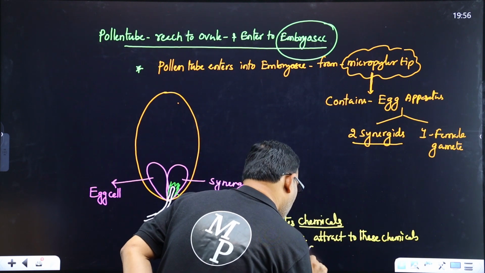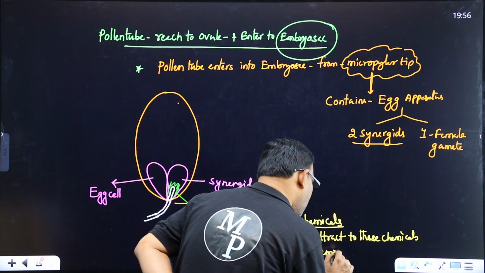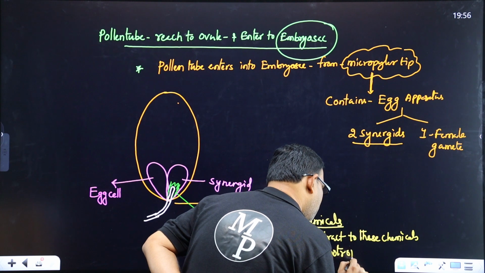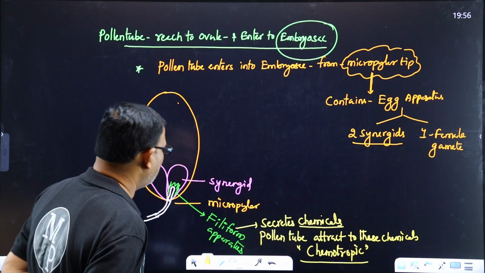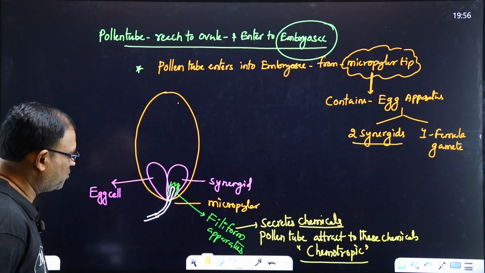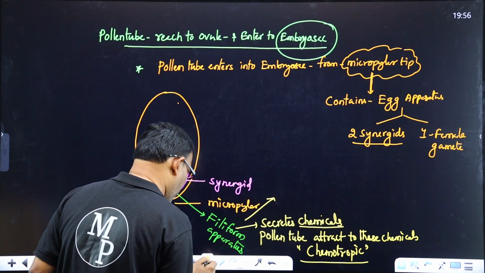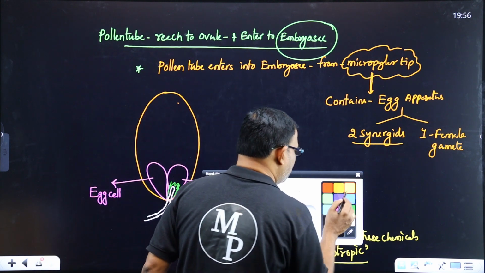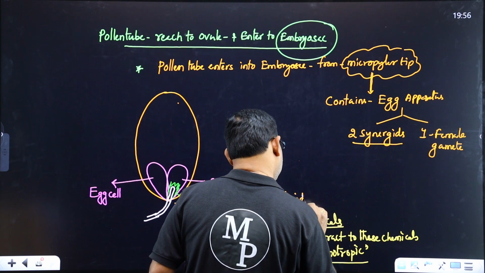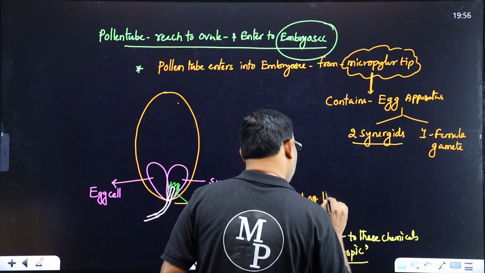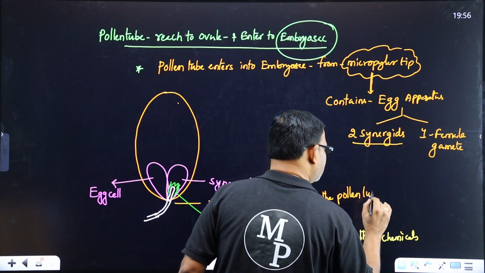This type of growth of the pollen tube is called chemotropic movement. So the main function of the filiform apparatus is guiding the pollen tube into the embryo sac.